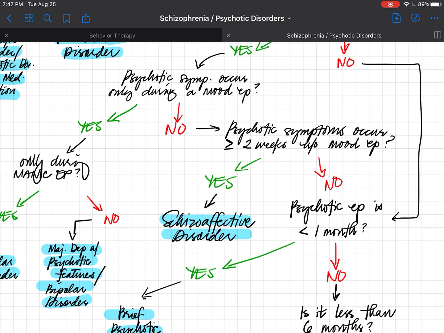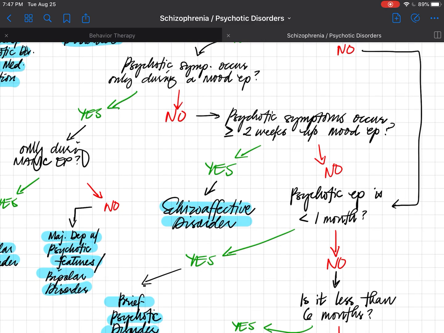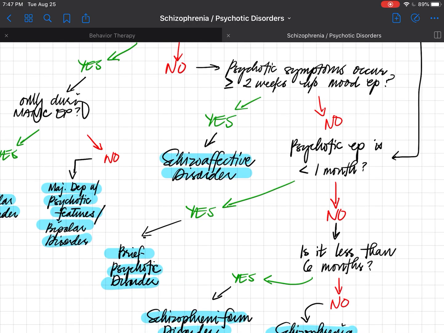Okay, if no, we check, does a psychotic episode or the psychotic symptoms occur for less than a month? Okay, so if yes, so less than a month lang siya or at least 1 month equal to, then it's only a brief psychotic disorder.